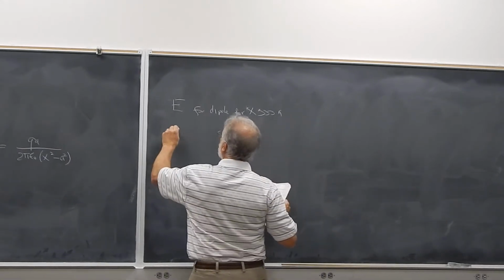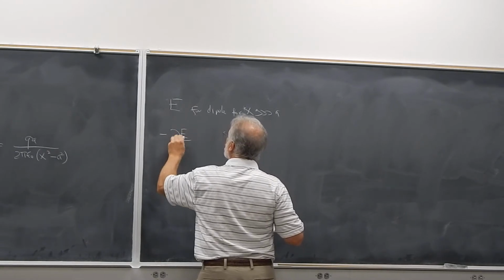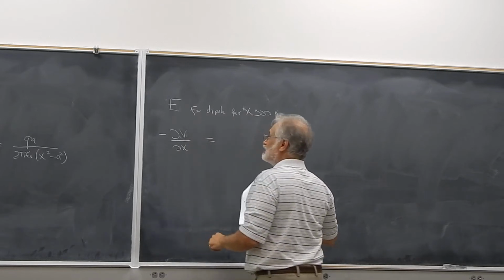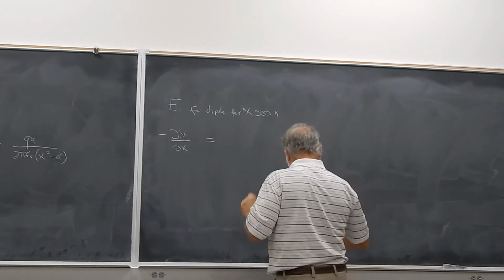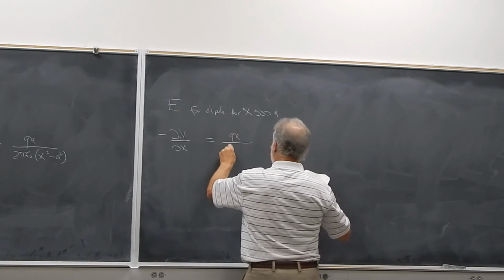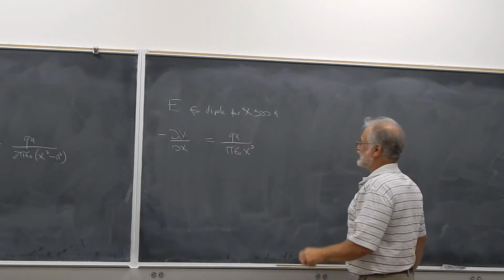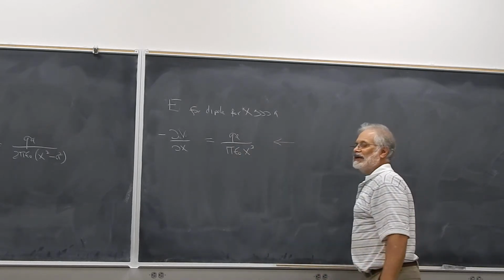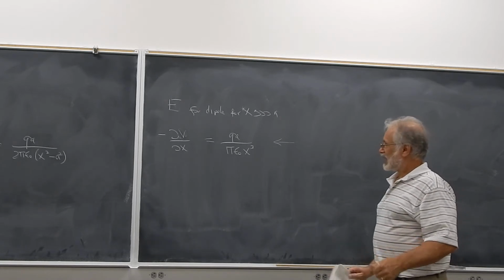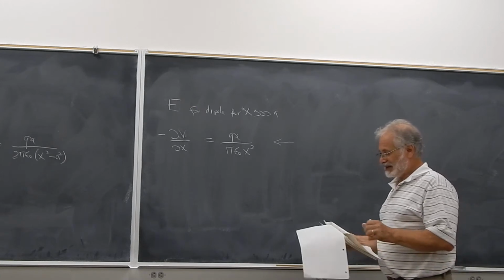Well, all I have to do then is take the negative derivative of V with respect to x. That should be equal to the electric field. If I do that, guess what? I get qa divided by pi epsilon naught x cubed, which is exactly the far field expression we came up with for the electric field of a dipole. It has a 1 over x cubed dependence.